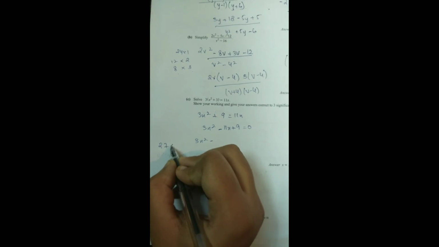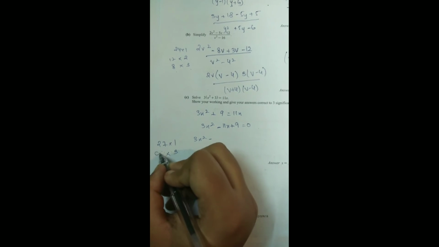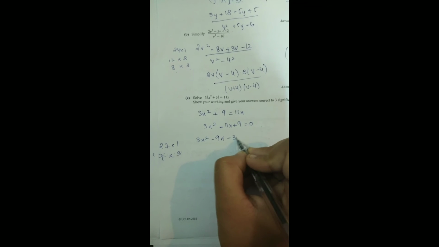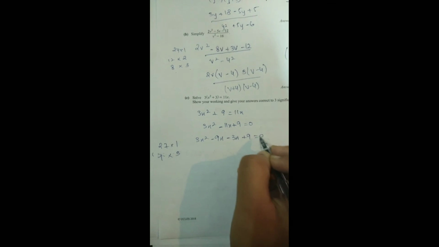27 into 1, 3 into 9. So 9 plus 3 is 11, minus 9x minus 3x plus 9 is equal to 0.